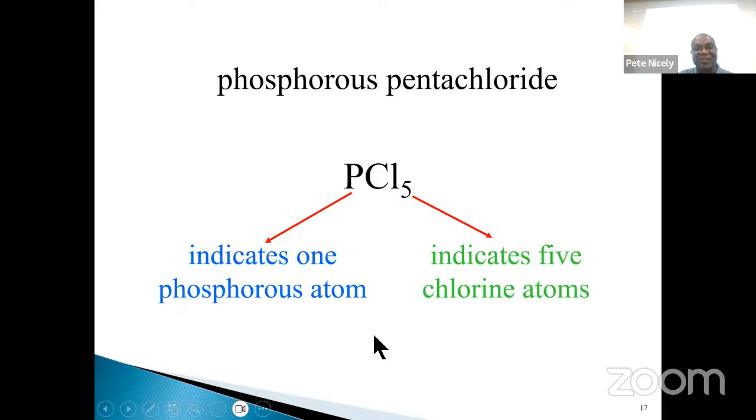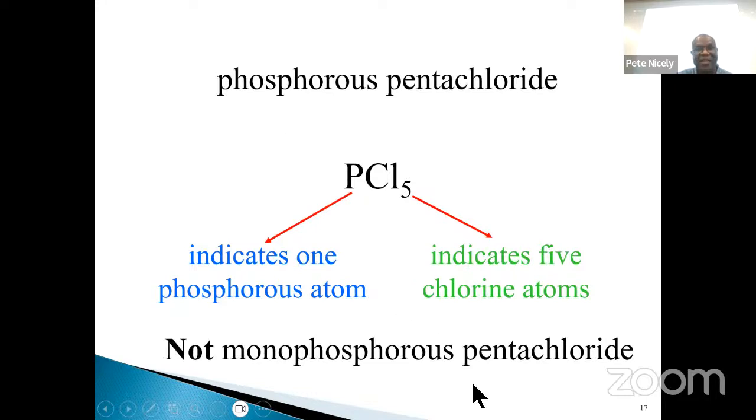So the name is phosphorus pentachloride. Please note, the name is not monophosphorus pentachloride, because there's only one atom of phosphorus, and therefore we do not use the mono prefix for that first element.